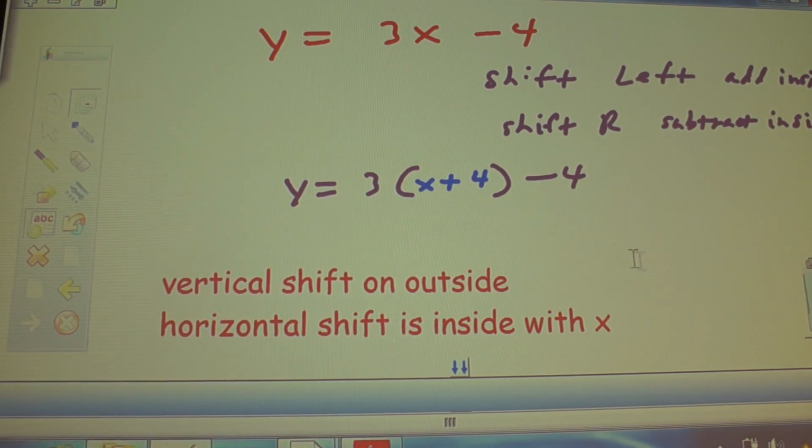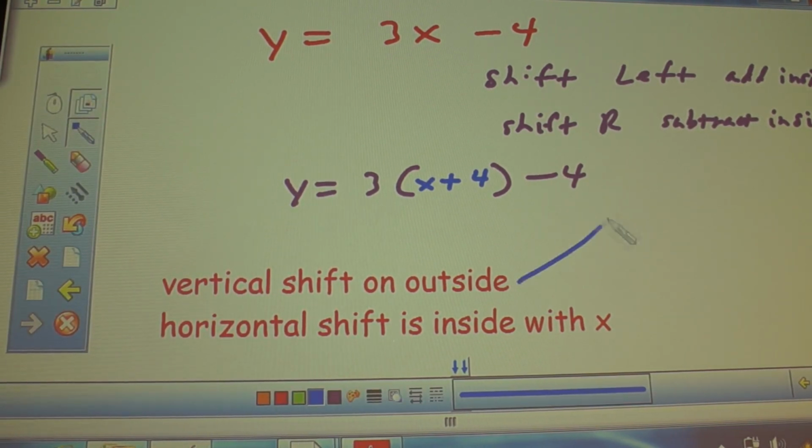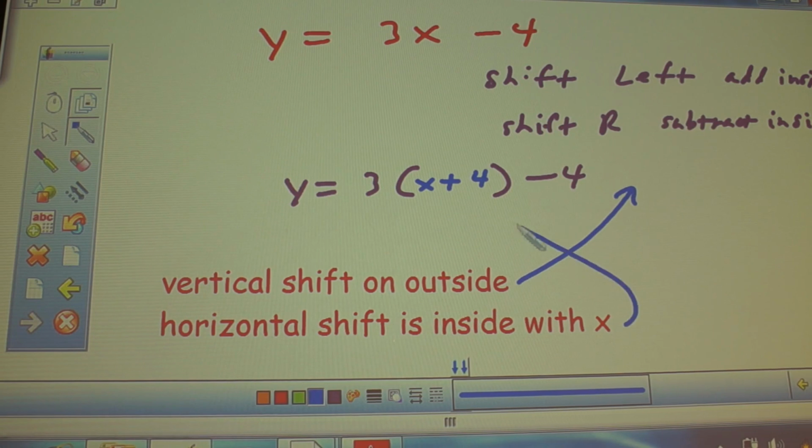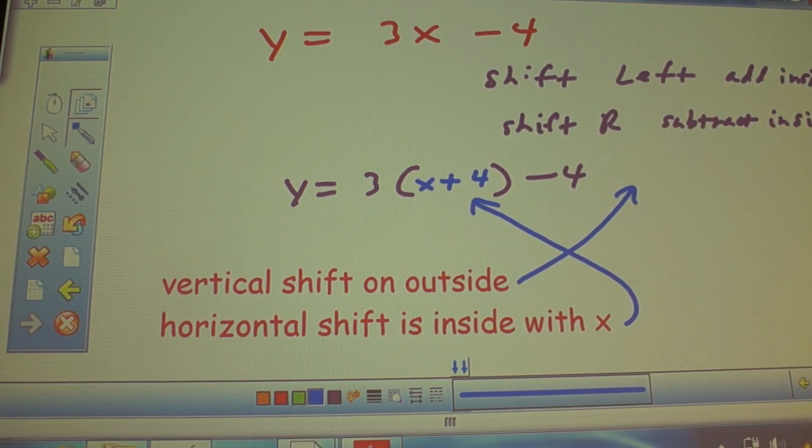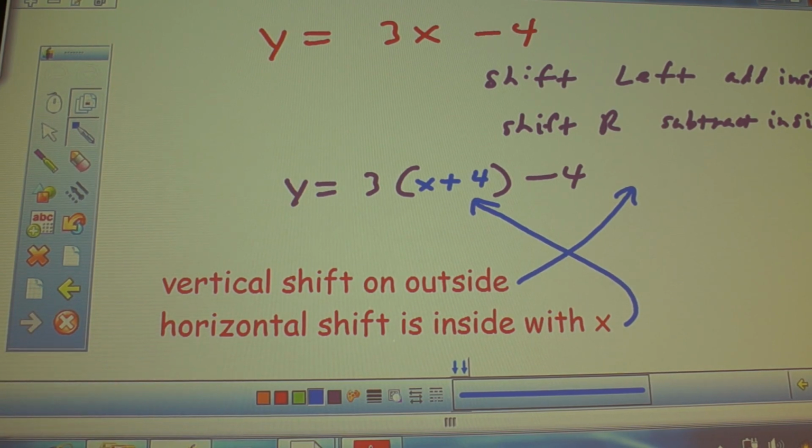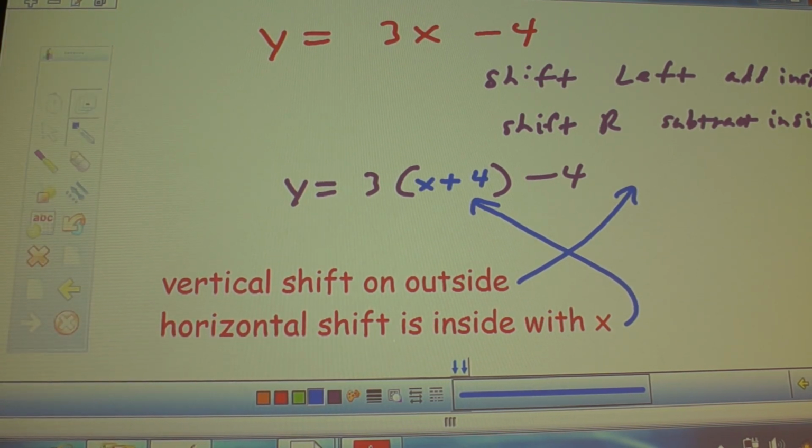So the vertical shift would go here. This one goes right inside. So on your handout, write that down somewhere on your horizontal translation notes.